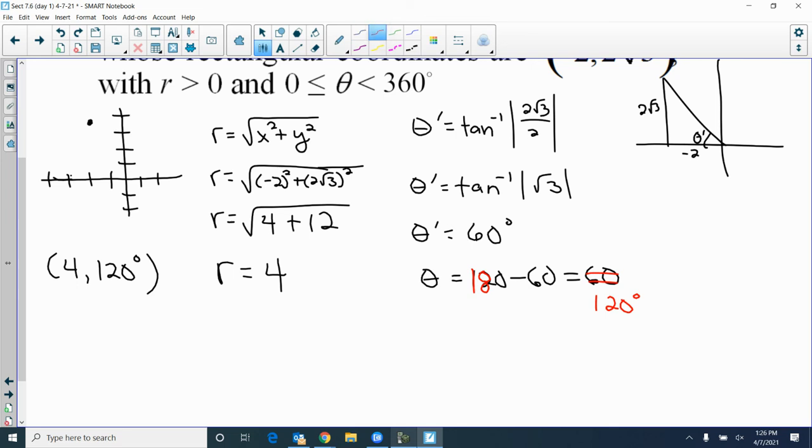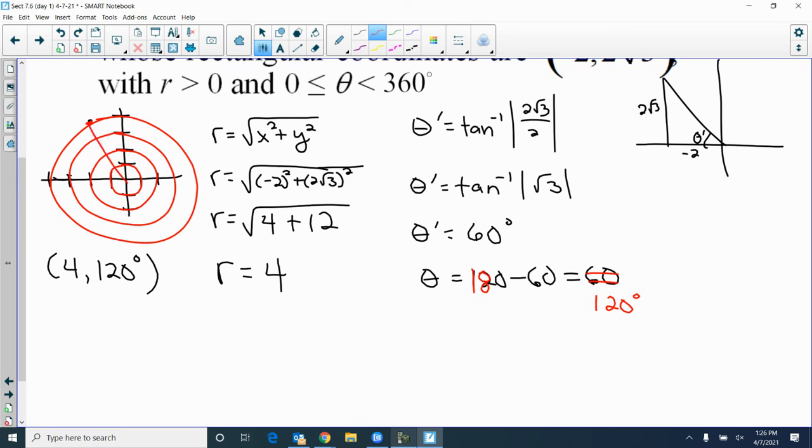And I don't know if I can draw this accurately or not. Probably won't. But if you take a look, 3, and then 4. And so it's right there on that 4, and it's going to be at 120 degrees. So that's how you go from polar to rectangular, rectangular to polar.